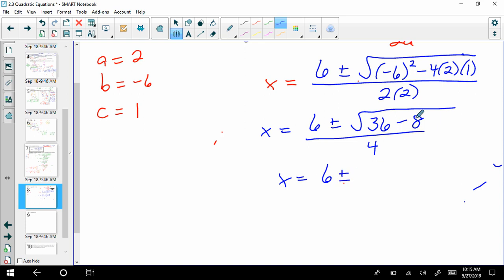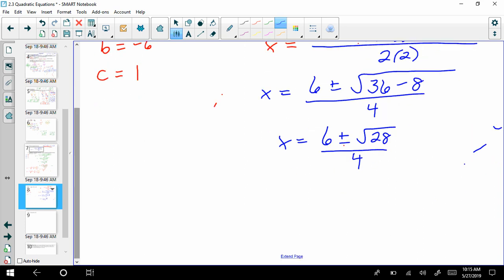36 minus 8 would be 28. And then I'd like you to see, can the square root be simplified? Yes, it can. 28 is not a perfect square, but there's a perfect square in it. I could think of that as 4 and 7, because 4 is a perfect square.